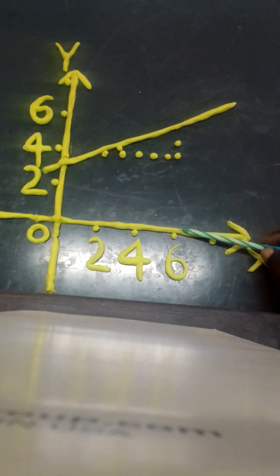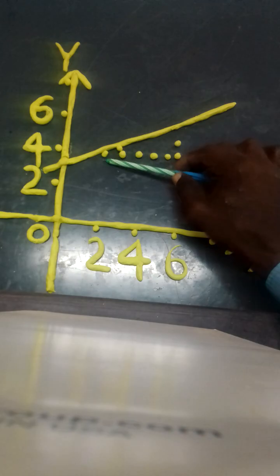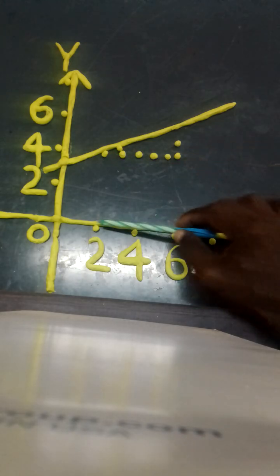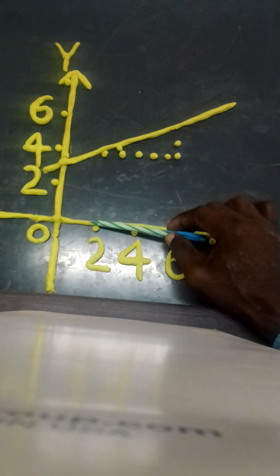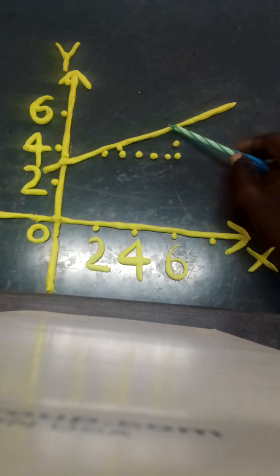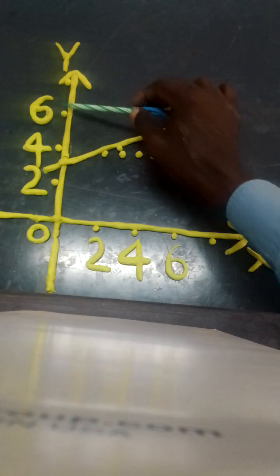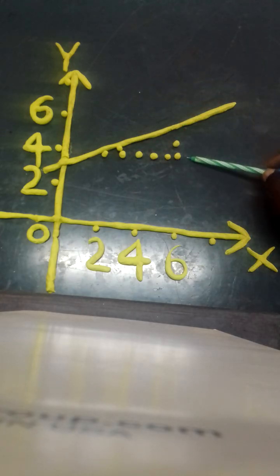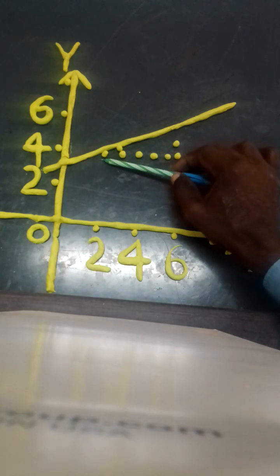So the change in x is equal to x2 minus x1. That is from here to here. x2 minus x1, or 6 minus 2, you get 4. So the gradient of this line using this portion is equal to y2 minus y1, that is 6 minus 4, you get 2, divided by x2 minus x1, that is 6 minus 2, you get 4.